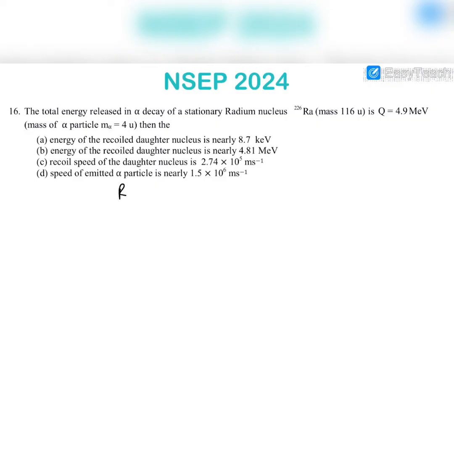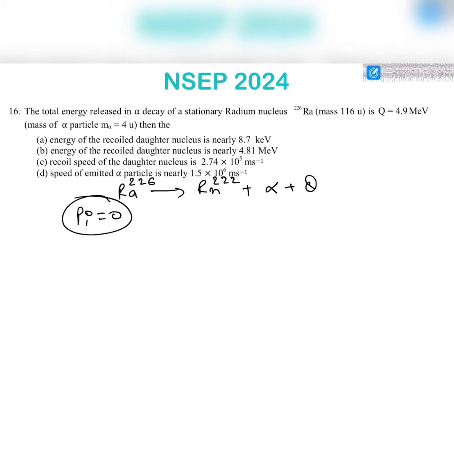So reaction would be radium will be decaying into radon, which is 222, and plus alpha particle and plus some energy, which is 4.9. So we know that the initial momentum of this radium is 0, and therefore final momentum would also be 0.